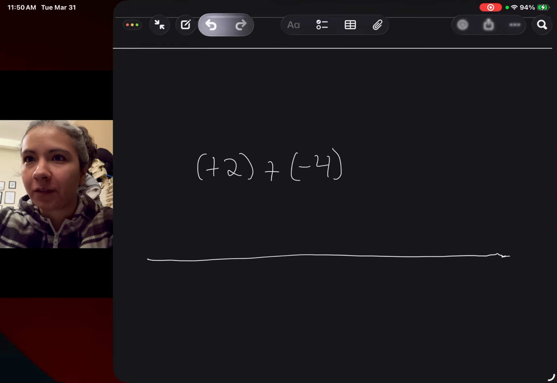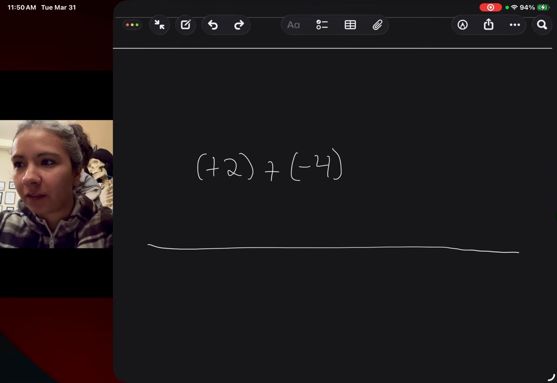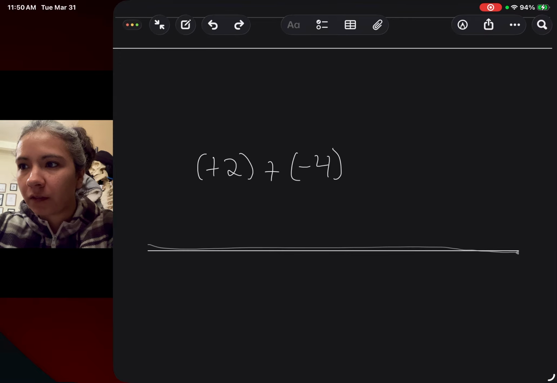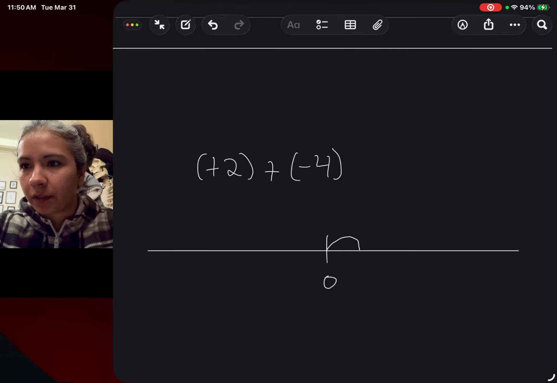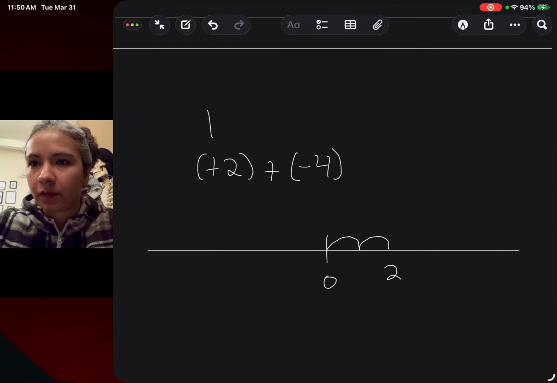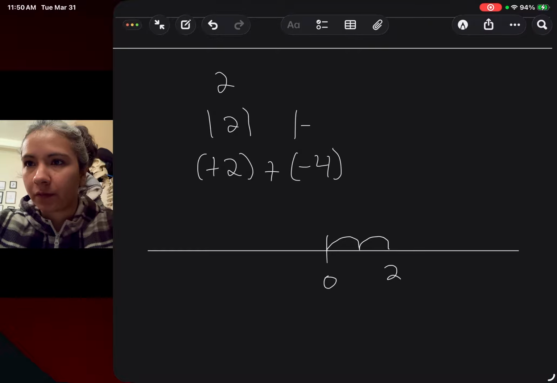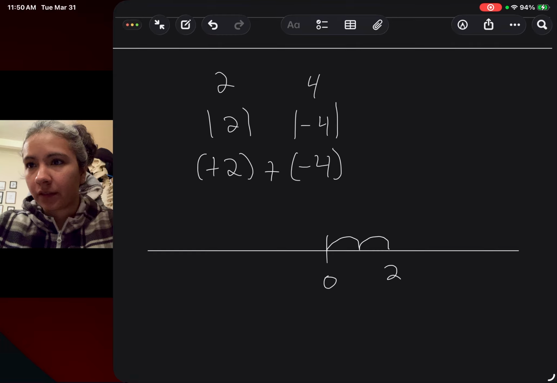So here's 0. Whenever we do positive 2, we're here. The absolute value is how many steps away from 0. So the absolute value of positive 2 is just 2. The absolute value of negative 4 is 4. So our sign is going to be negative.